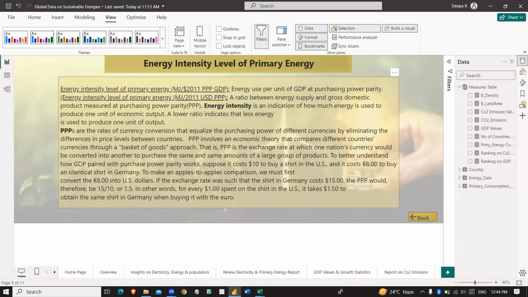If the exchange rate was such that the shirt in Germany cost $15, the PPP would therefore be 15 by 10 or 1.5. In other words, for every $1 spent on the shirt in the US, it takes $1.50 to obtain the same shirt in Germany when buying it with euros. So this is how PPP is calculated. Hope you have understood what energy intensity and purchasing power parity mean. So let me take you back to the page.